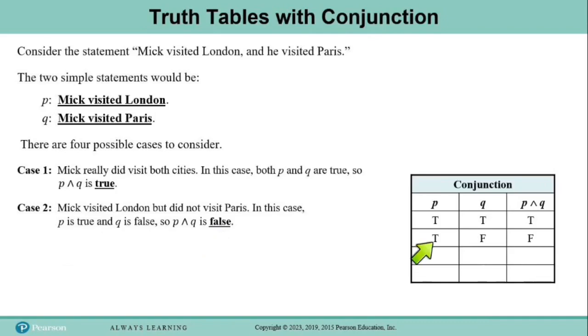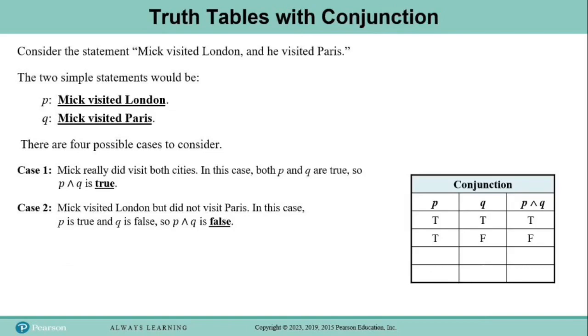So when P is true but Q is false, the statement P and Q is false. I just want you to think about this in terms of everyday English. If I tell you that Mick visited London and he visited Paris, but you know that he didn't really visit Paris, so that part of the statement is false, then you would consider this entire statement to be false.